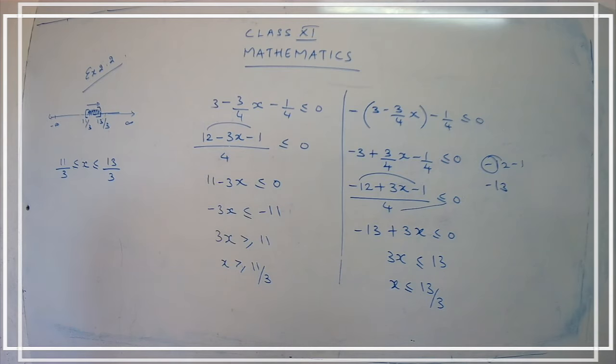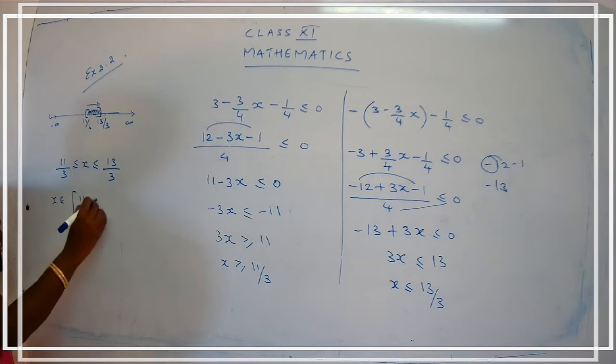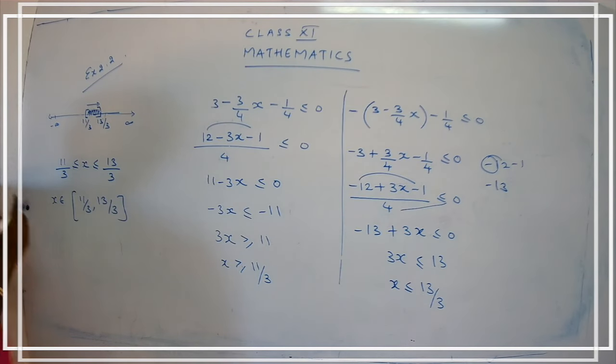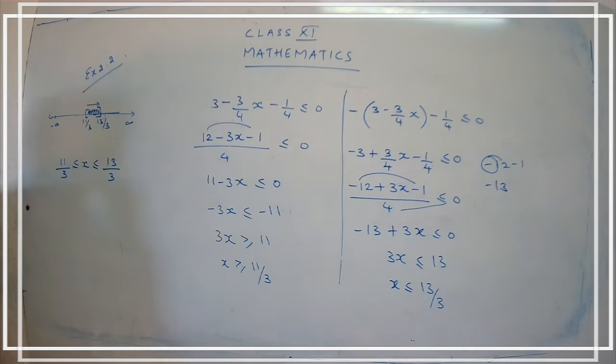Okay, write down the answers. You have to draw the number line. You can just use a closed bracket also, like this, 11 by 3 to 13 by 3. The textbook has just stopped here, so we can just stop there, no problem. If you want to write extra, you can write extra.